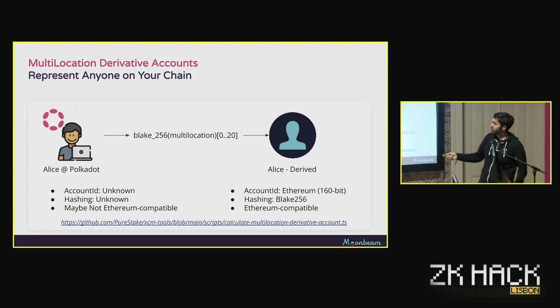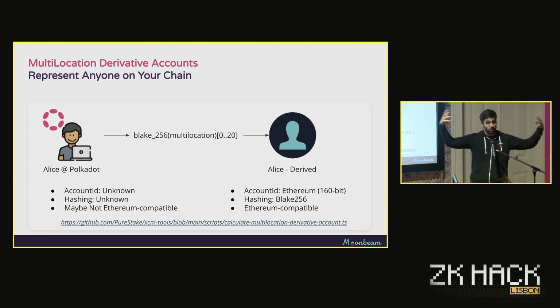The multi-location derivative account is calculated with a hash, so you know that it's a one-way operation. It's the hash of something called the multi-location, and I'll explain multi-locations in more detail later. As an introduction, a multi-location is a way to reference things on Polkadot in a generalized way.